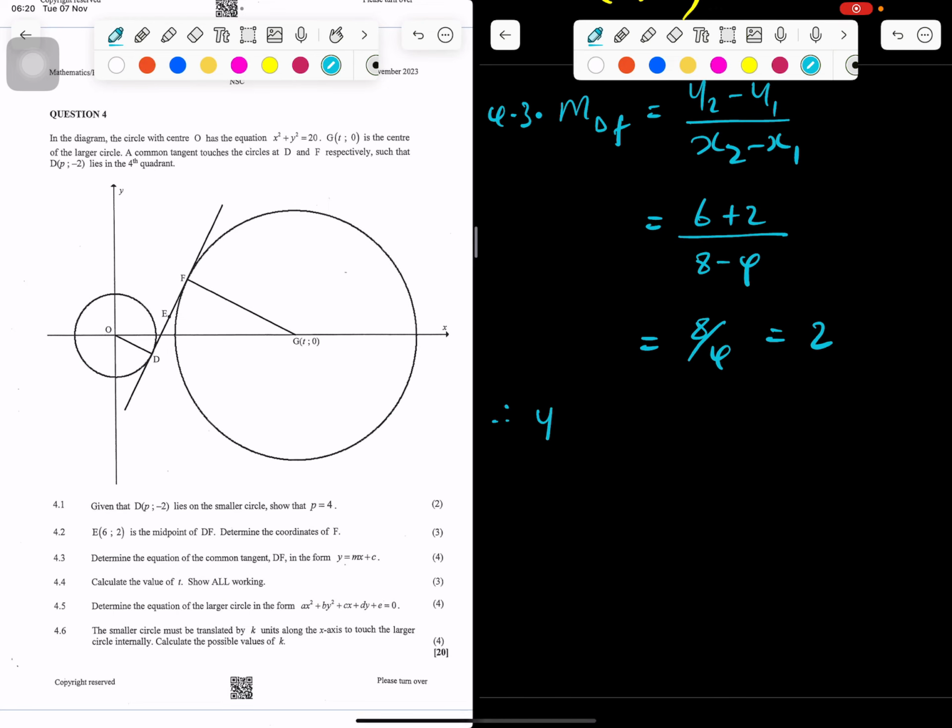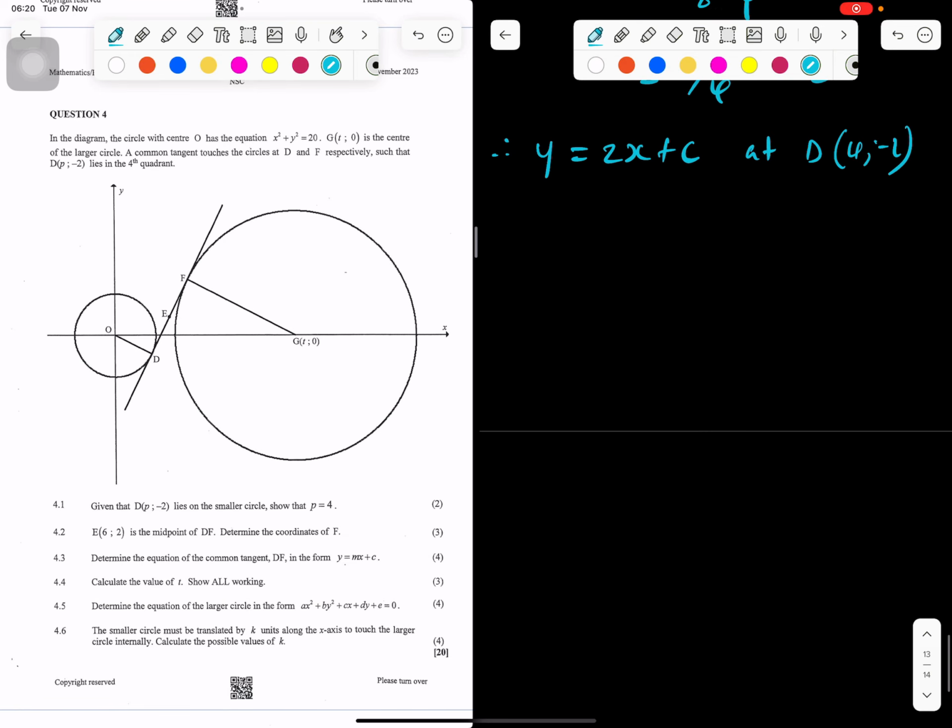So now it means that y will be 2x plus c, and we have to choose any point. So let me choose the point D, because I was asked to prove that it is 4 and negative 2. What if my F is incorrect? So let me use this one because I'm sure that is going to give me the right answer. Okay, that is minus 2 is equal to 2 into 4 plus c.